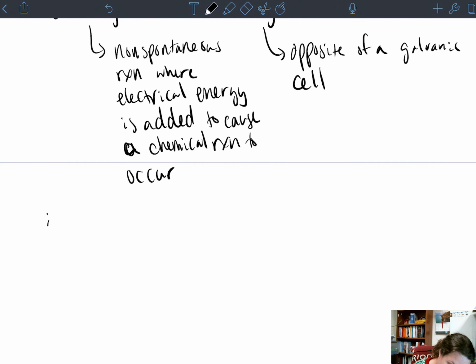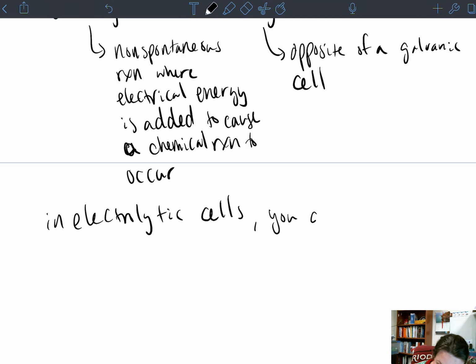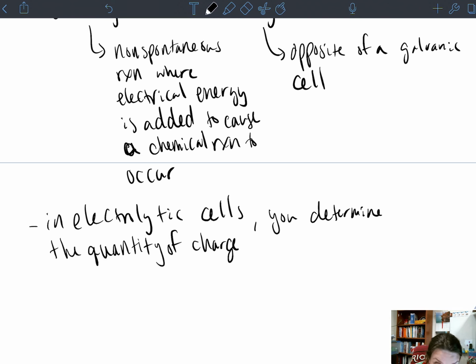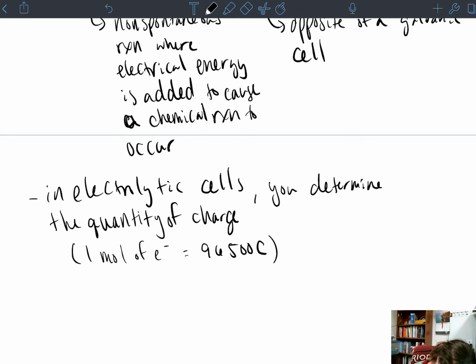So in electrolytic cells, you determine the quantity of charge, and you can determine it by the fact that 1 mole of electrons is equal to 96,500 coulombs.